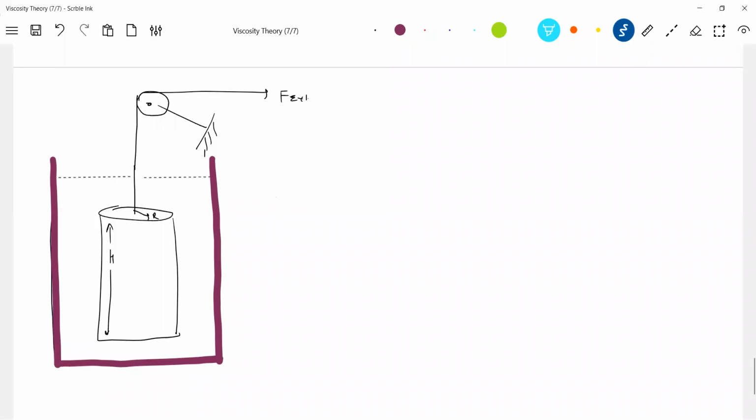Let me show that. Everything here is the viscous layer, also a viscous liquid. And I'm going to drag the cylinder.